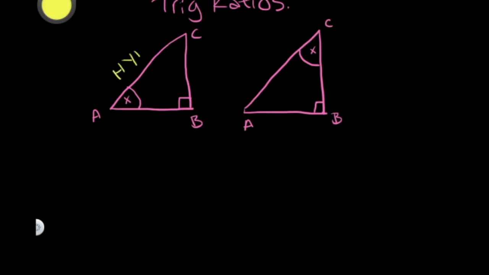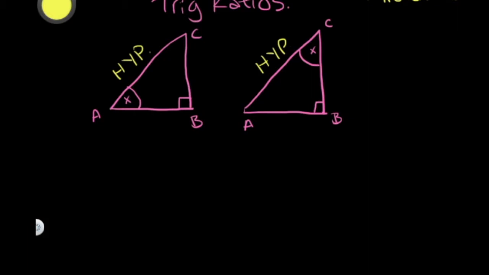So this side is my hypotenuse, and it's the same on the other triangle. Those are both the hypotenuse. I'm going to write hypotenuse over here.